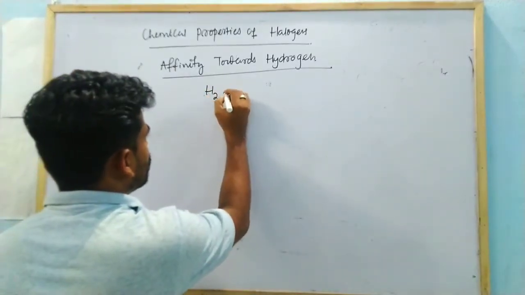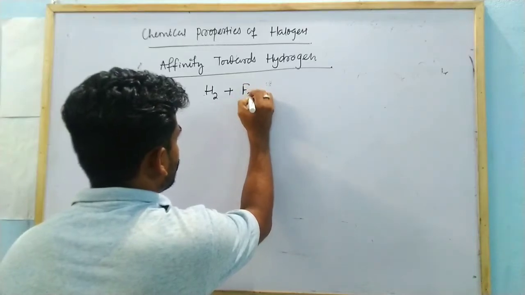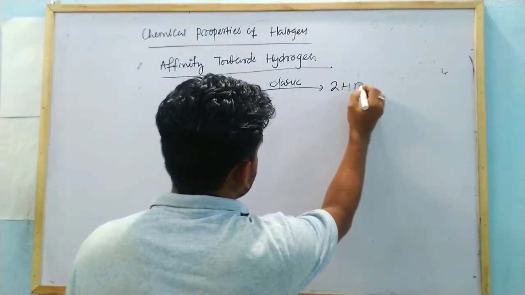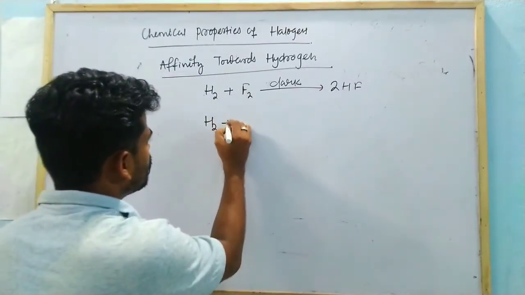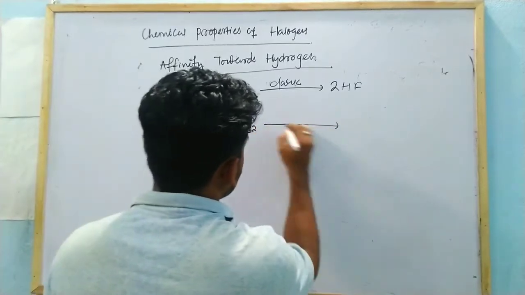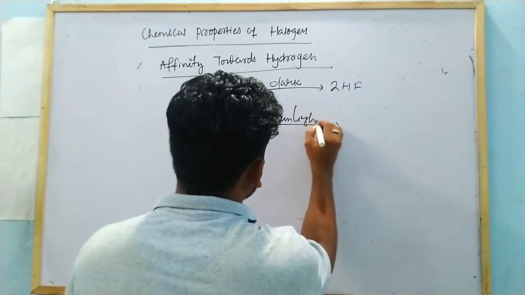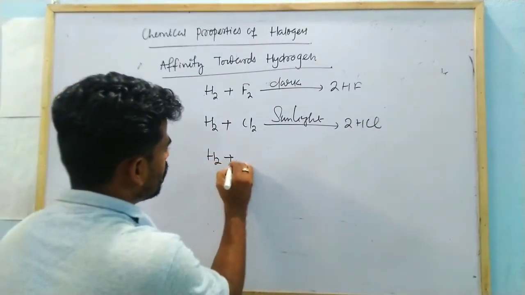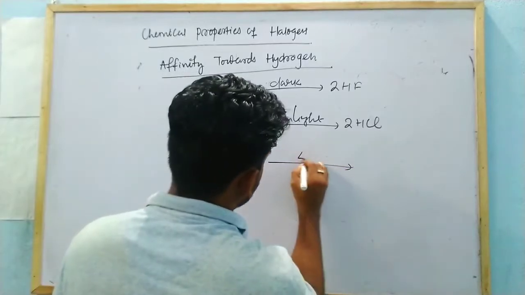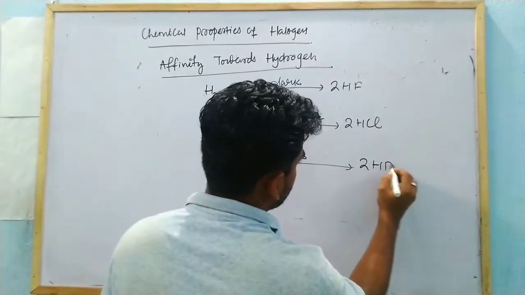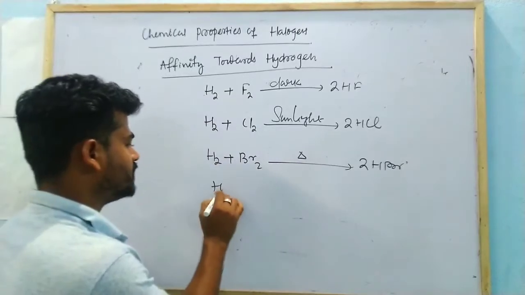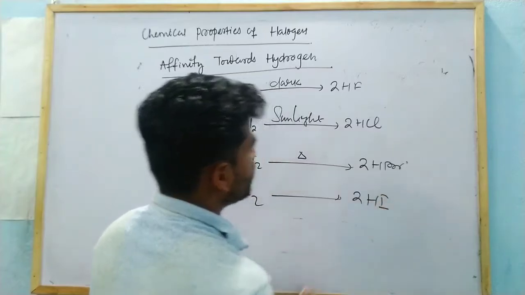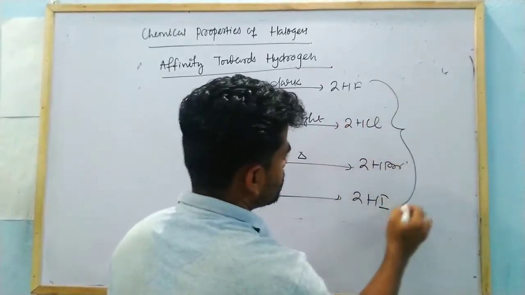H2 combines with F2 in dark to form 2HF, and H2 combines with Cl2 in presence of sunlight to give 2HCl. H2 combines with Br2, a little bit of heating is required, to give 2HBr. Similarly H2 plus I2 under certain conditions gives 2HI. So these are your halogen acids.